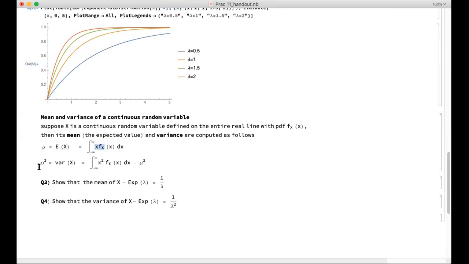And the variance is sigma squared, which I will explain next time how it arises in general, okay? But you should be able to use these two formulas to show that the mean of an exponential random variable is 1 over lambda, and the variance is 1 over lambda squared. You will need integration by parts here.